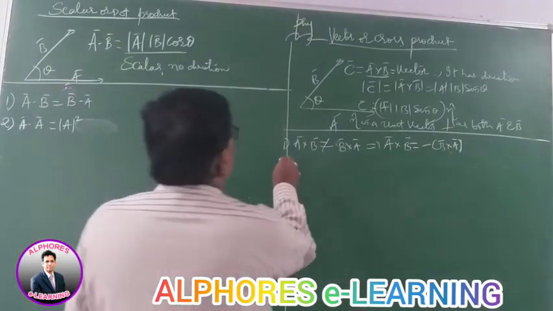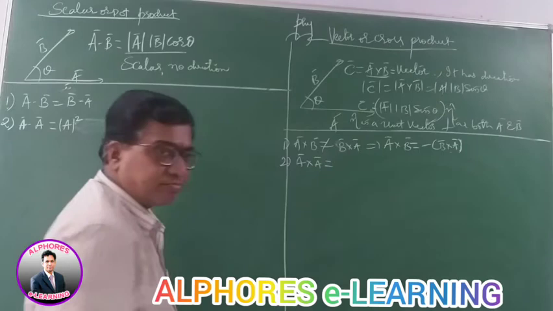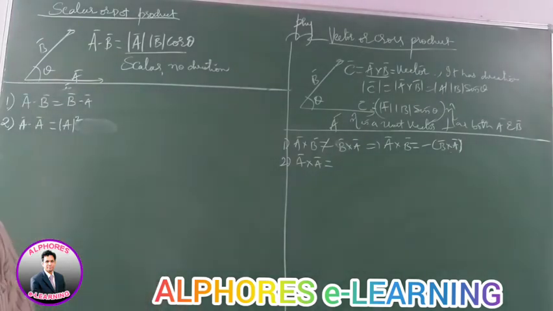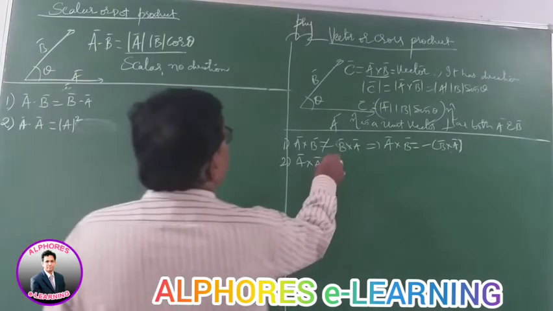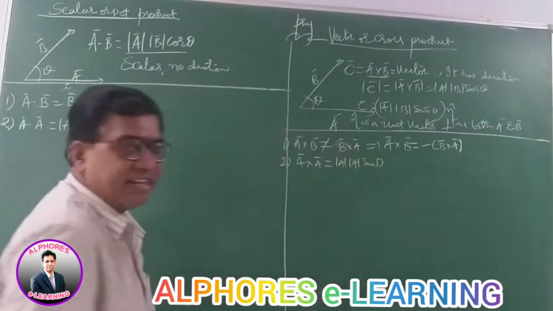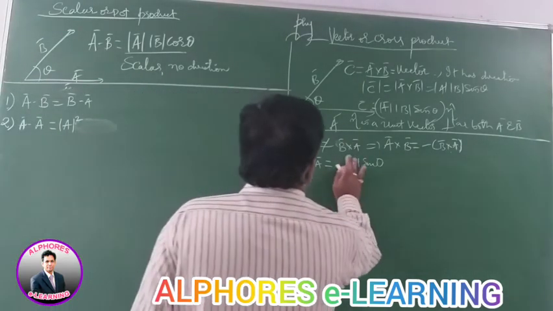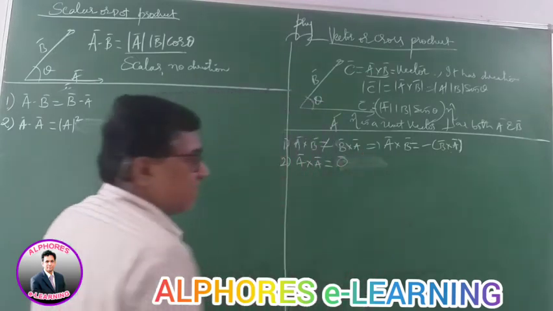But coming to A cross A, if B is also same as A, the second vector is same as the first vector, then it is mod A mod A sine of the angle, and that sine 0 is 0. So it is all 0. This is another vector.